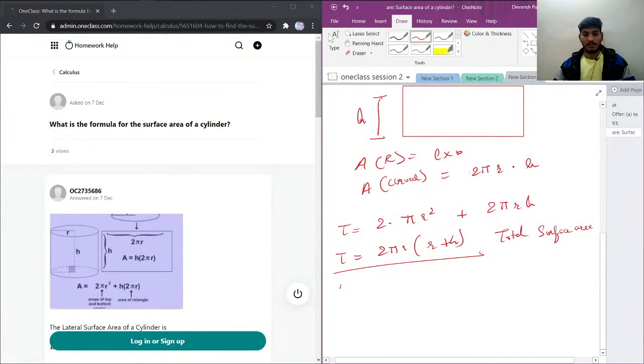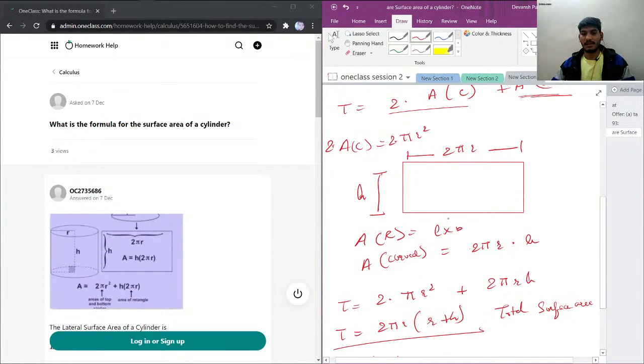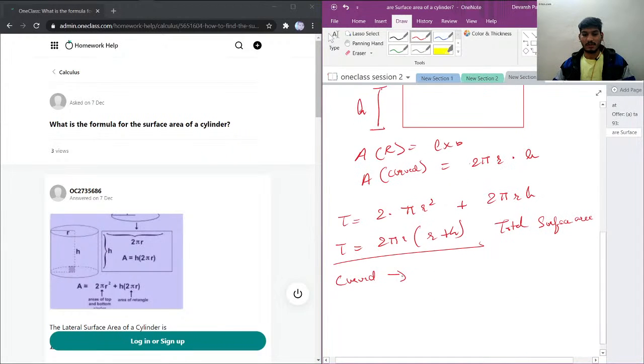Now we have one more surface area, which is the curved surface area. It is nothing but the area of this rectangle, so the curved surface area is just 2 pi r times h.